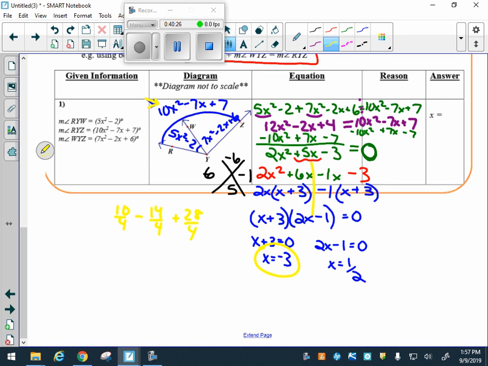Yeah, so that works. So then we would plug in a half here, and we would see if that worked. 1/2 squared is 1/4. 5 times a fourth is 5/4. Minus 2, does that work? That's negative. Right? So this one doesn't work. So we only have one solution. X is negative 3.